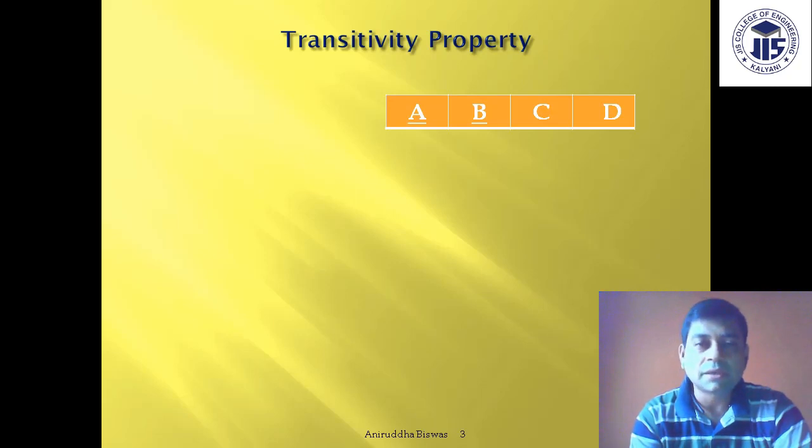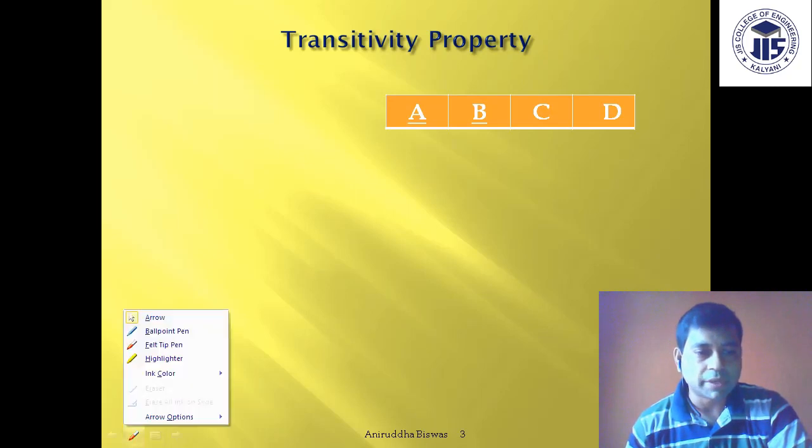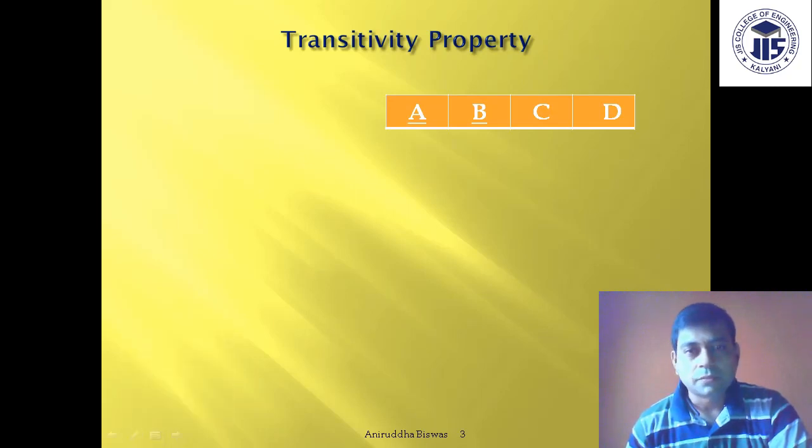Here we are taking a relation R with 4 attributes. You can see on the screen, A and B are underlined. They are called the candidate key, and C and D, these 2 attributes, are non-key attributes. They are not taking part in the formation of a primary key.